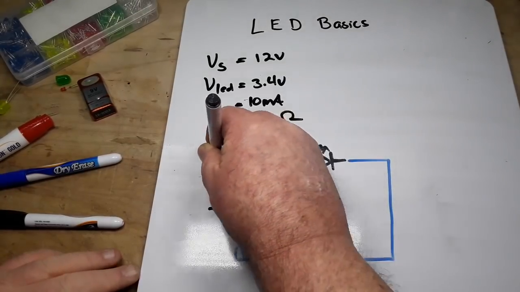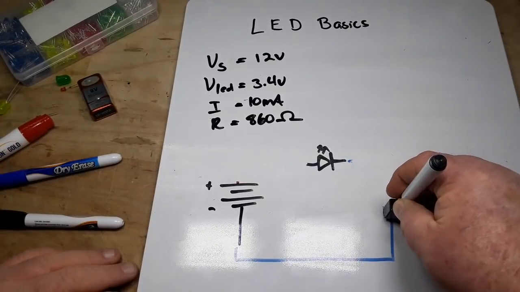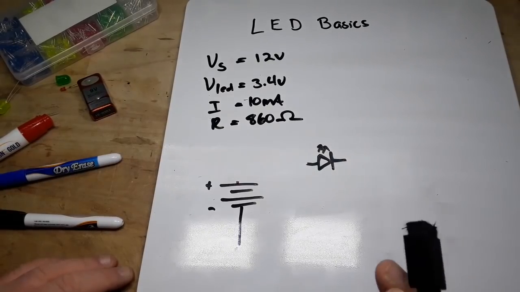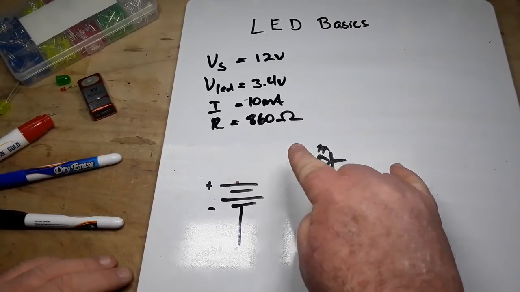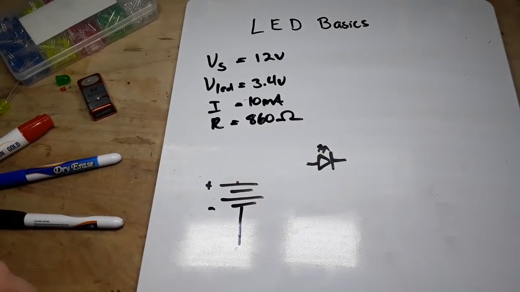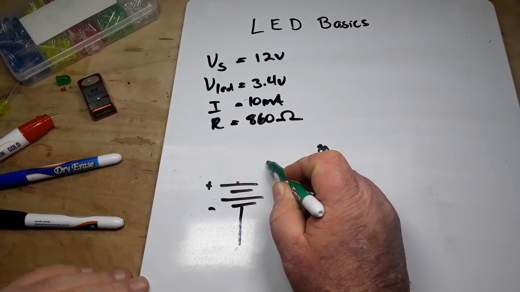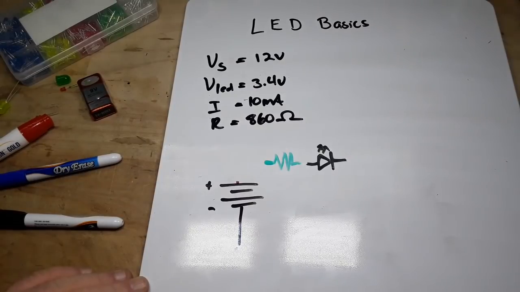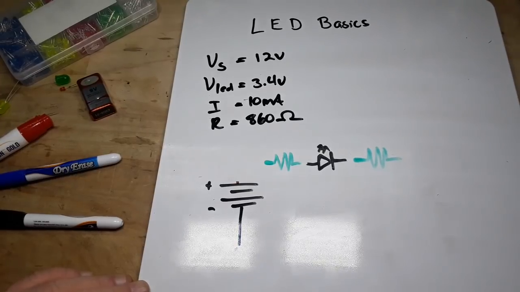So one thing in this circuit that is not polarized is a resistor. Resistors are unpolarized. It doesn't matter which direction you place them, and it also doesn't matter on which side of the diode you place them. So we can take our 860 ohm resistor and place it before the diode, or we can place it after the diode.